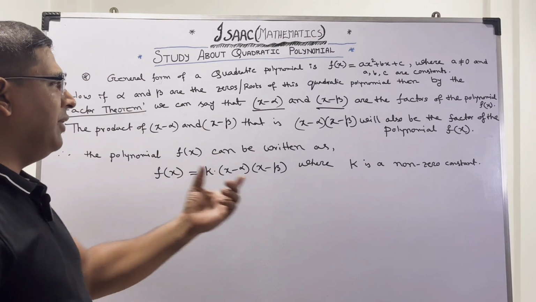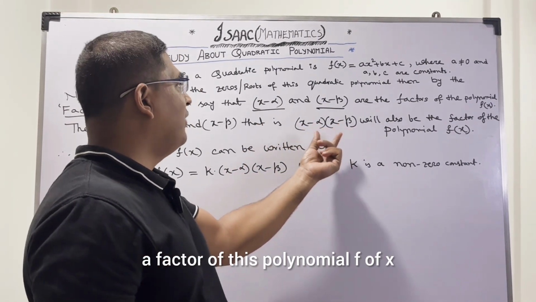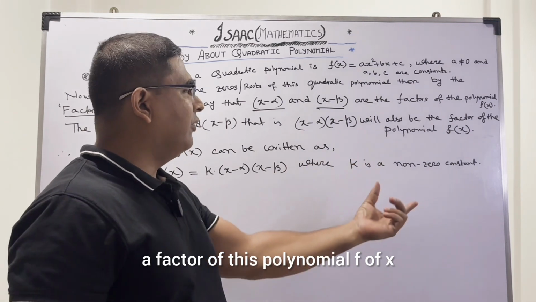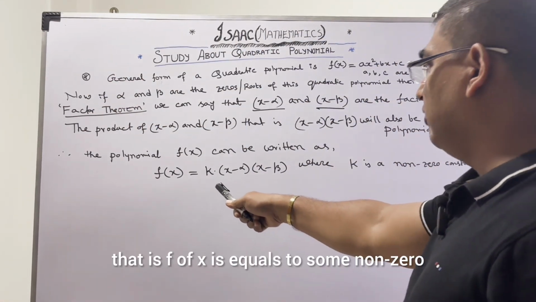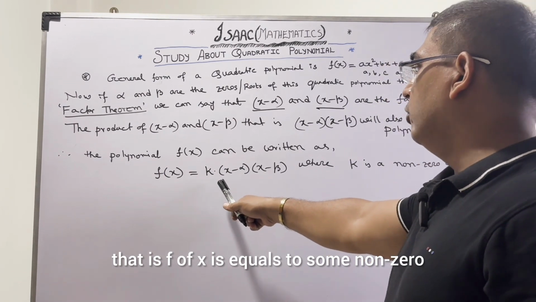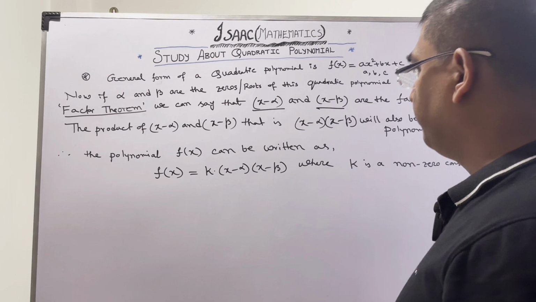Okay, if x minus alpha into x minus beta is a factor of this polynomial f of x, then we can write f of x this way, that is f of x equals some non-zero constant k into x minus alpha into x minus beta. Okay.